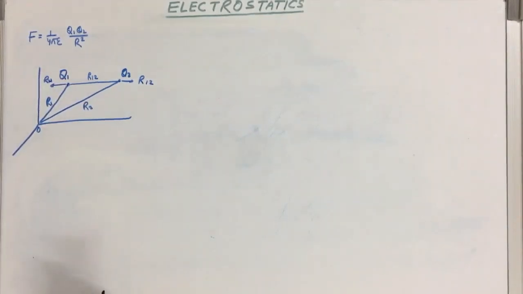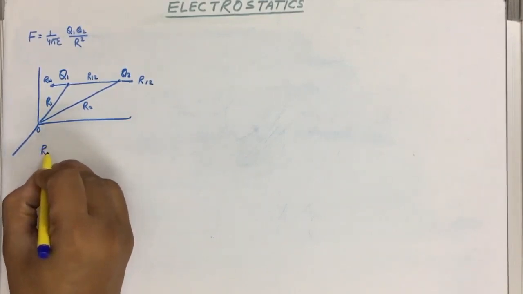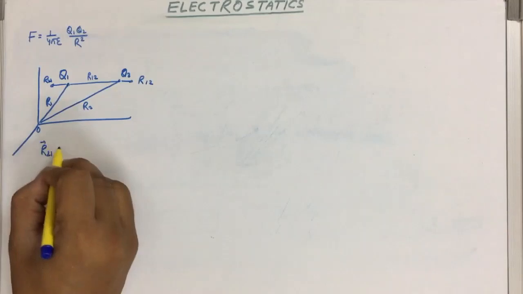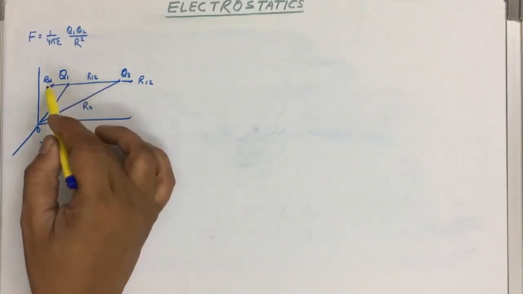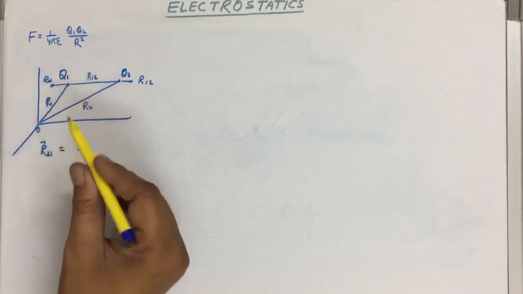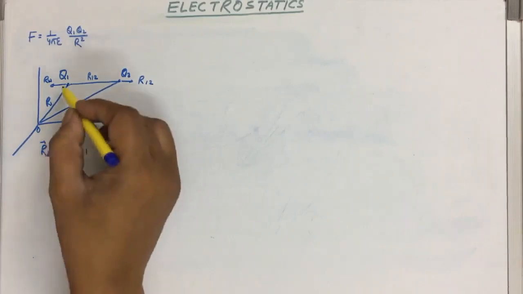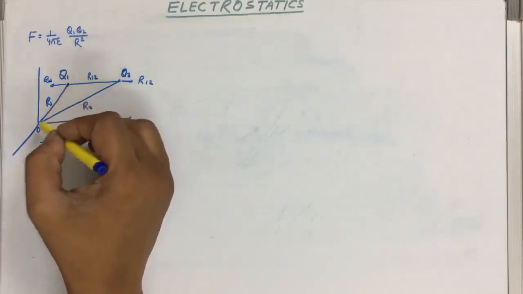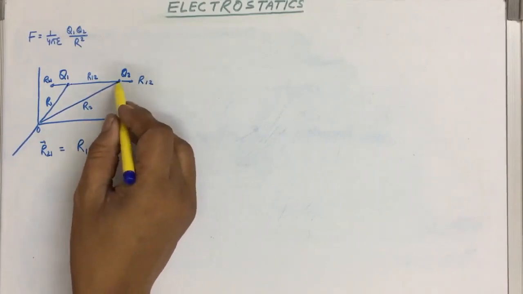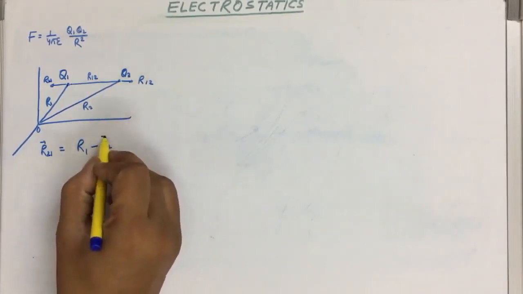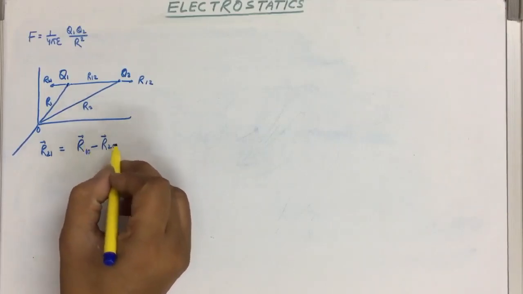Now if we define the position vector, any position vector can be defined as final position minus initial position. r21 means the final position is r1, minus the initial position r2, with respect to origin.